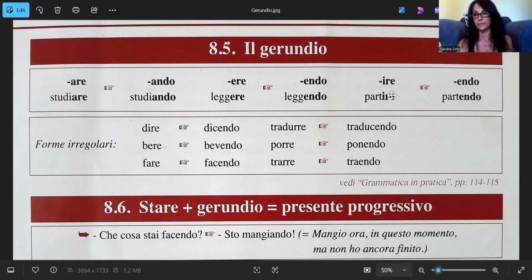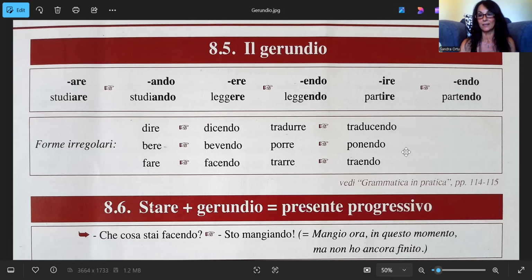So to leave or to depart becomes leaving or departing. I'm pronouncing the g at the end. As you can see, the group of verbs in ere and the group of verbs in ire are very close and similar to each other. So basically, the conjugation is ando for the verbs in are and endo for both verbs in ere and ire.